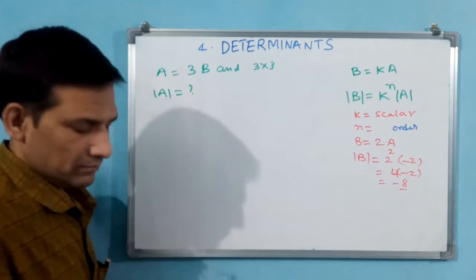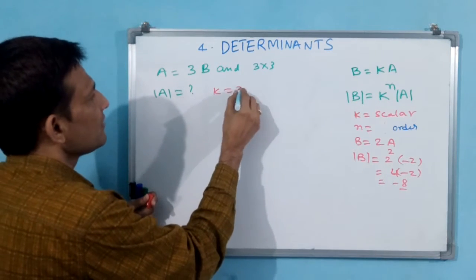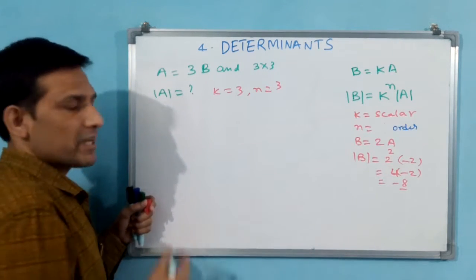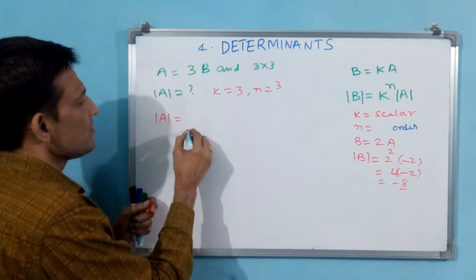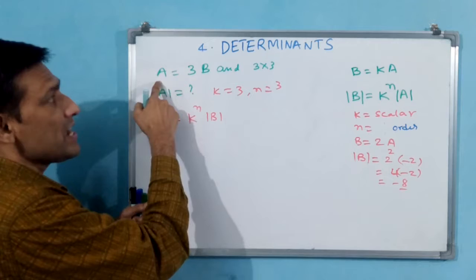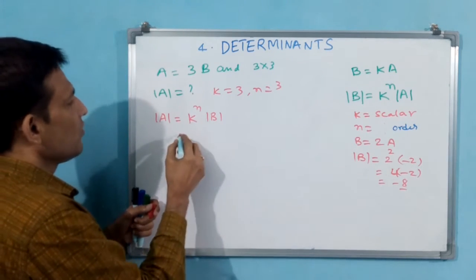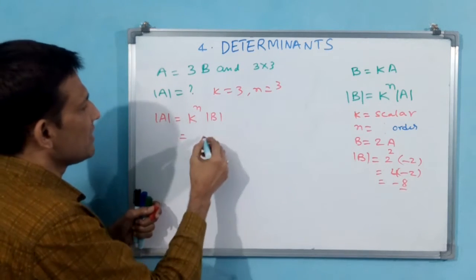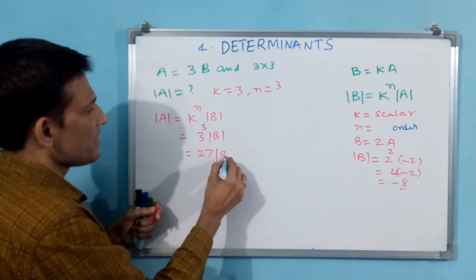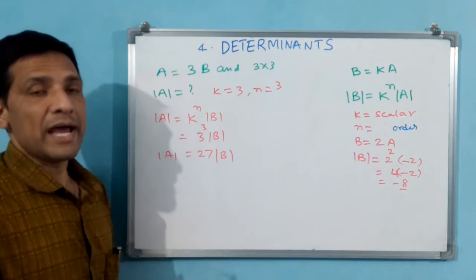Like they ask. See here, k is 3 and order n is also 3. Then determinant A is equal to k to the power of n determinant B, as A is equal to kB. Now what will happen? Determinant A is equal to 3 to the power 3 determinant B, that is equal to 27 determinant B. Determinant A is equal to 27 determinant B. This will be the answer.